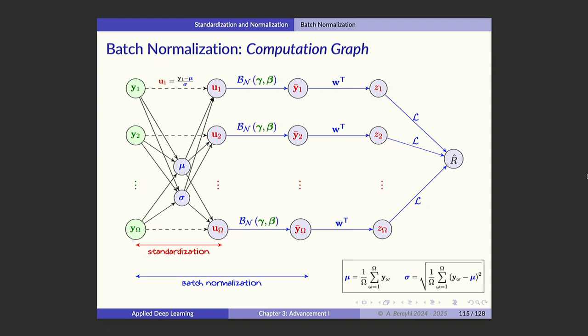Y1 till Y omega is the output of one hidden layer. It's not input. Input has no problem, because I can just normalize on my whole data set, and that's it. So Y is eventually one hidden layer in between, like your first hidden layer. And when you are at that hidden layer, you again do the normalization.